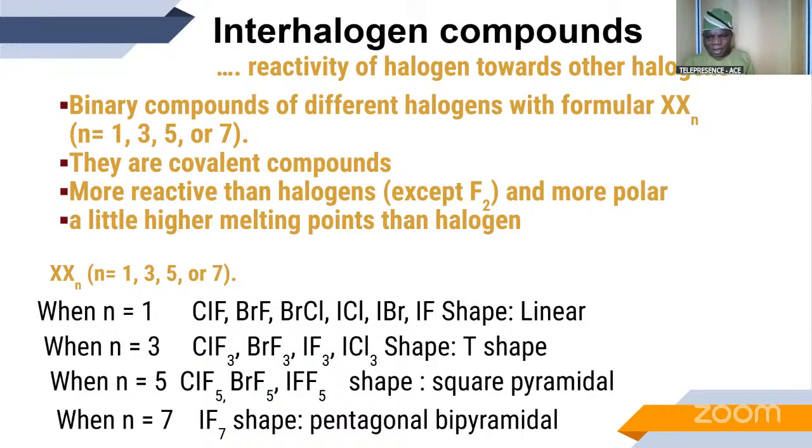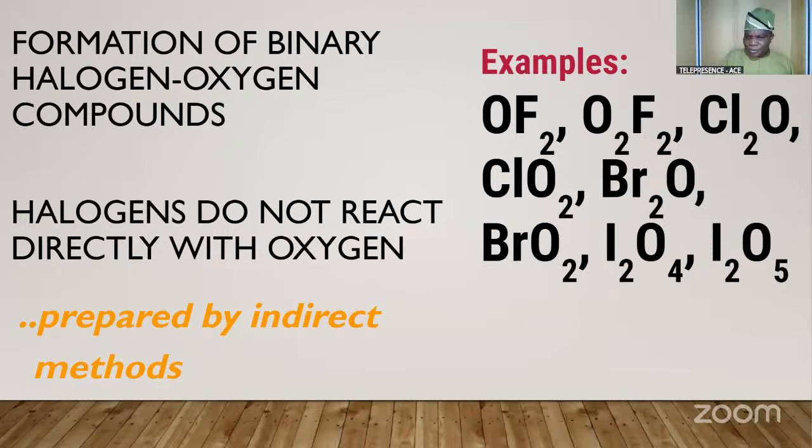They are prepared by indirect methods. Examples are oxygen fluoride, which is a peroxide of oxygen, Cl2O, then ClO2, I2O4, and so on.